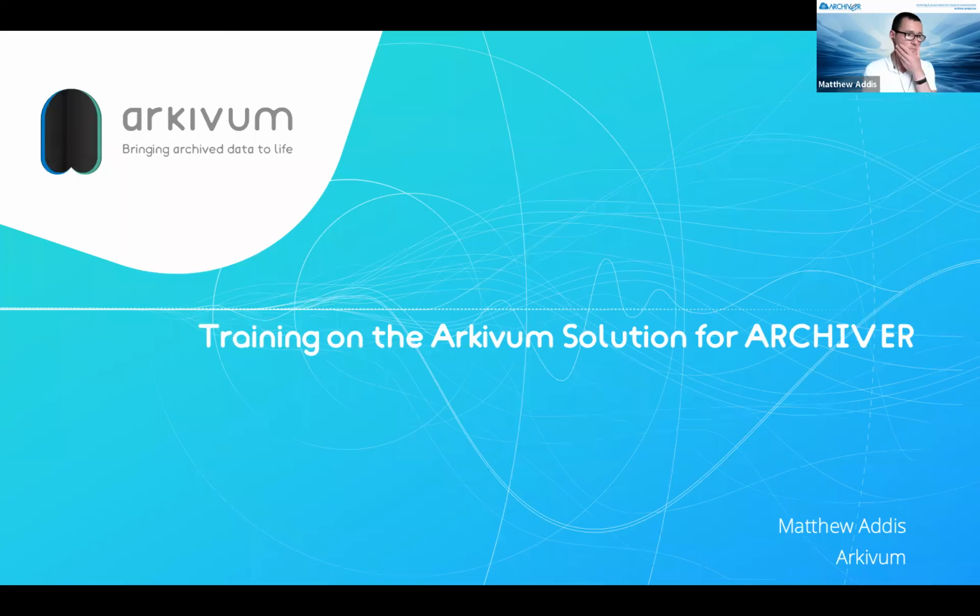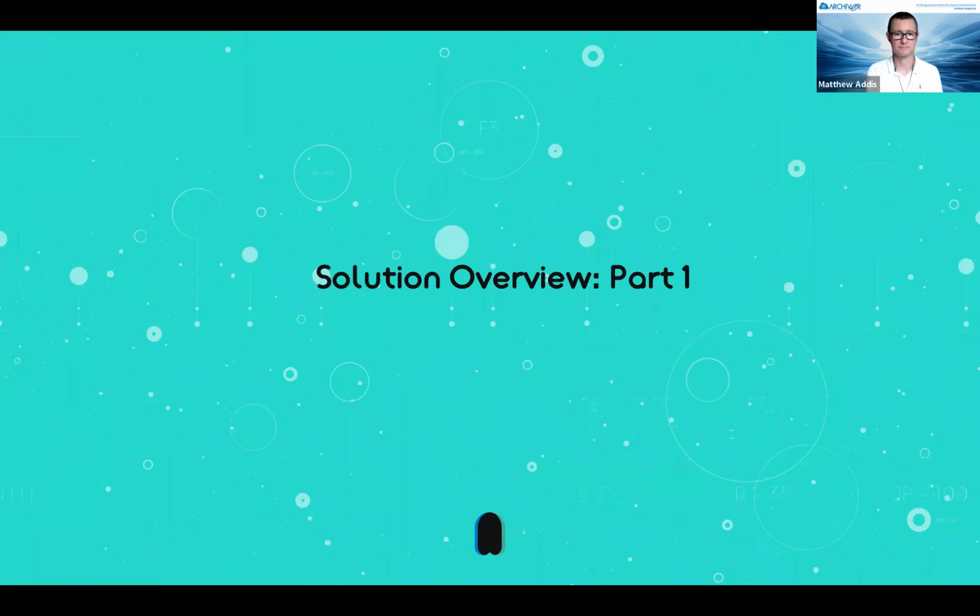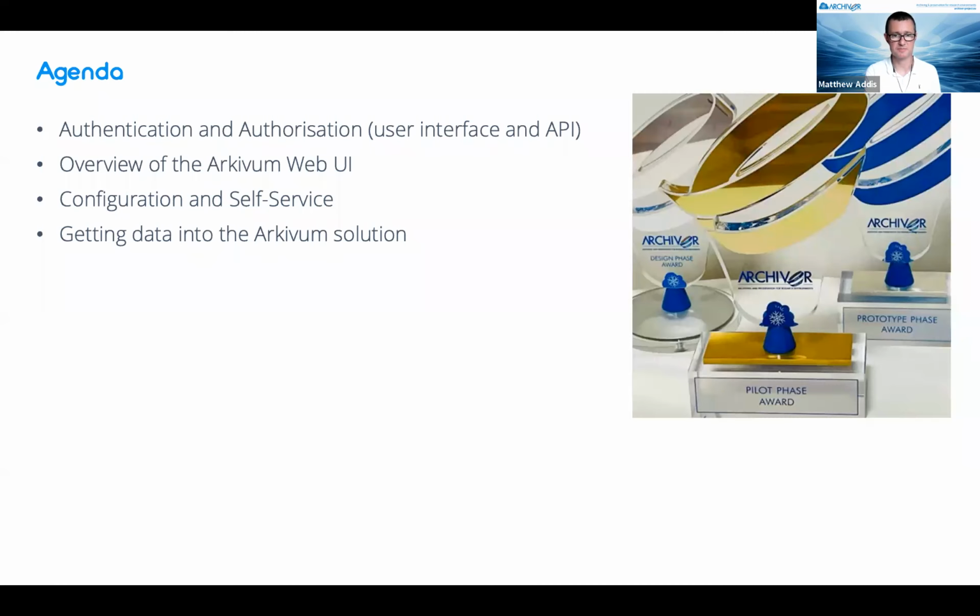Okay, so what I'm going to do is go through several specific things in this first part of a detailed dive into the ARKIVUM solution. So I'll talk about how users can log in, so how they can authenticate and how they are authorized to do specific things.